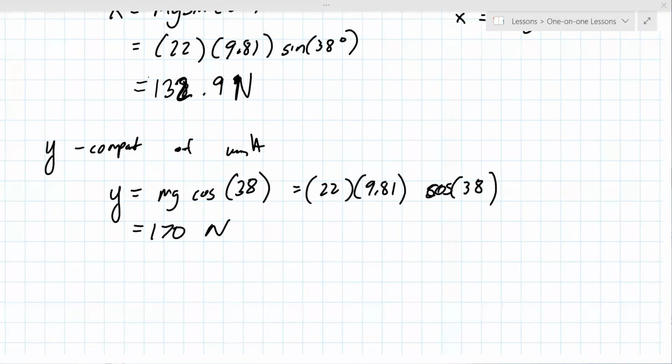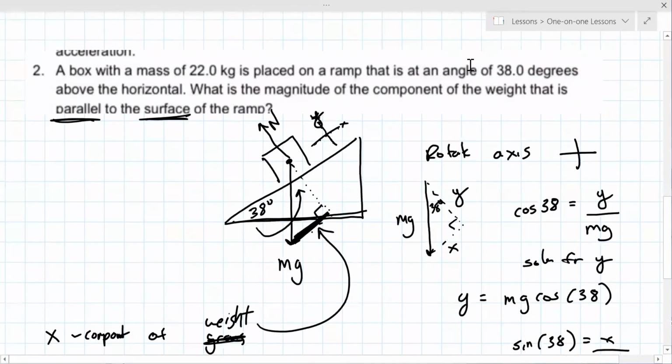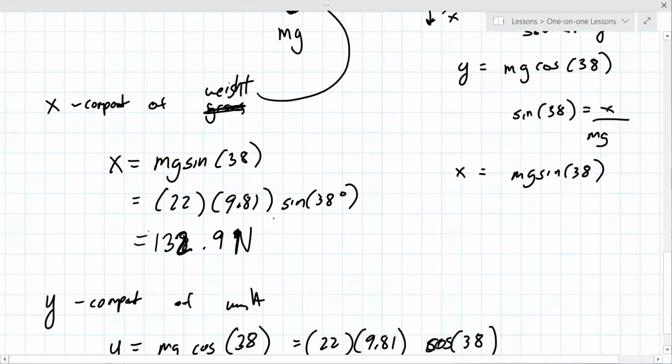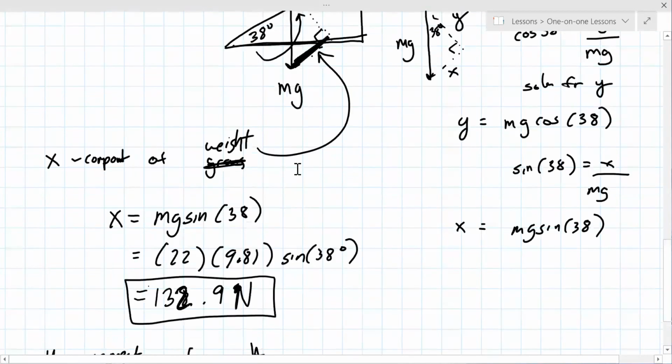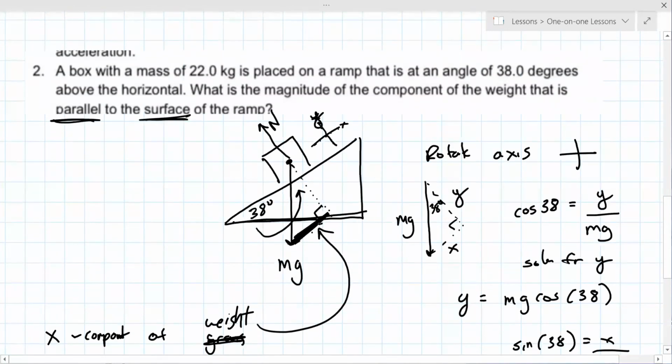So what does it ask for again, at the beginning of the second question? It asks for the component of weight that is parallel to the surface of the ramp, and that's the x component. Oh, it's just the x component? Yep, that's parallel to the surface, right there.